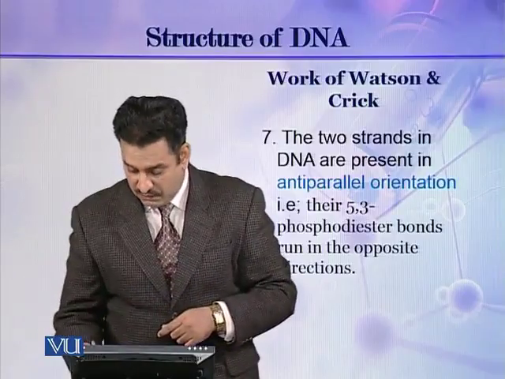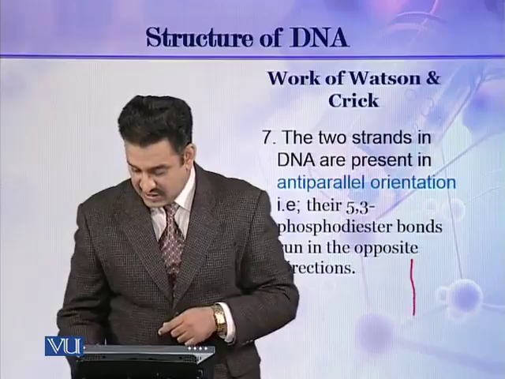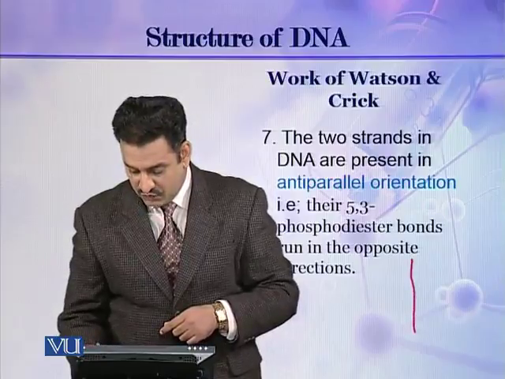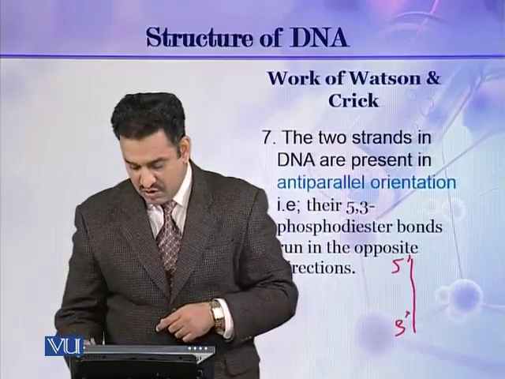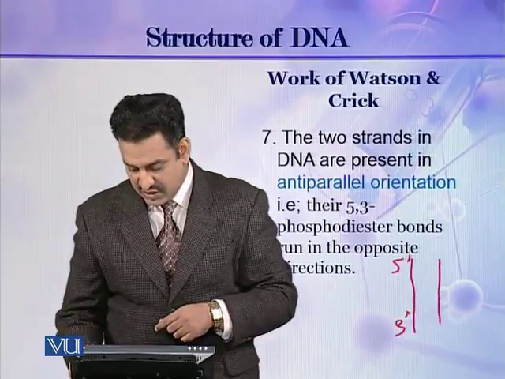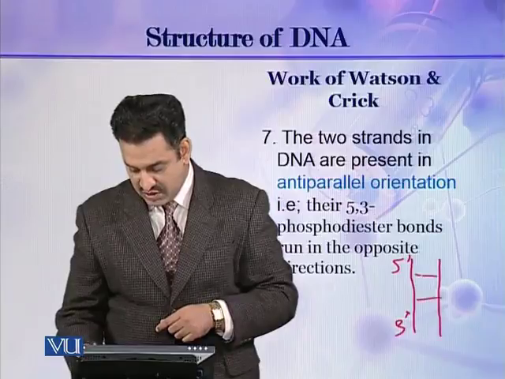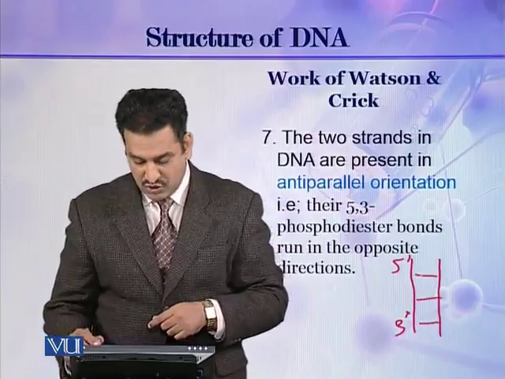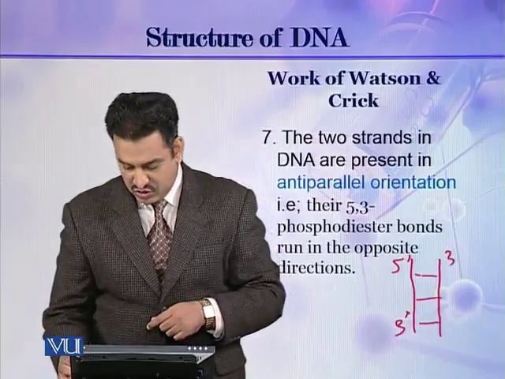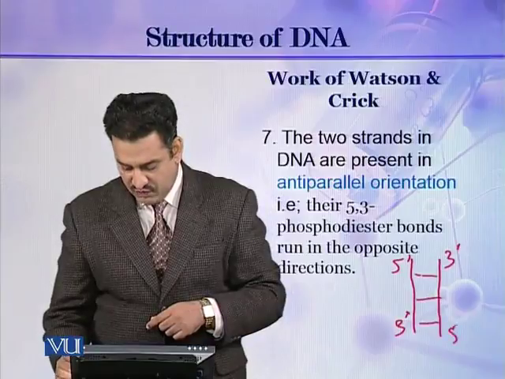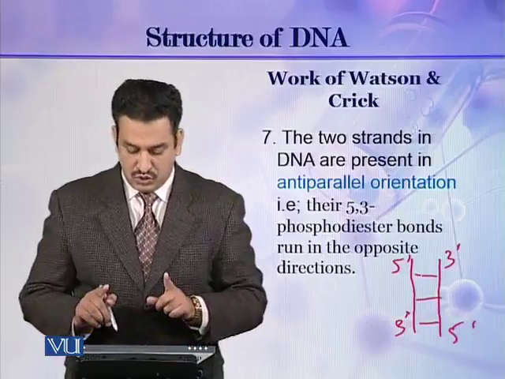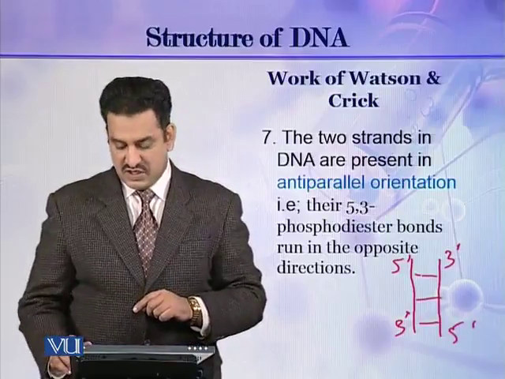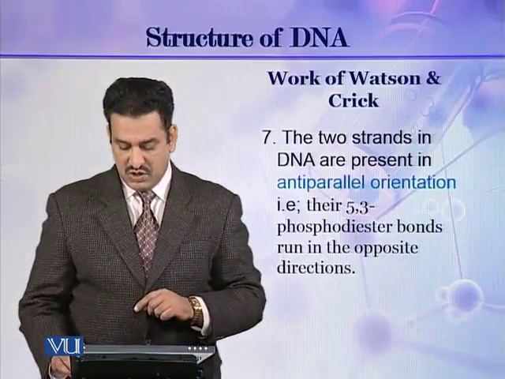That means if one strand is like this, its 5' is here and 3' is here, while the other strand will be in the opposite orientation. That is, its 3' will be here and 5' will be here. So in this way, the two strands are present in an anti-parallel orientation.